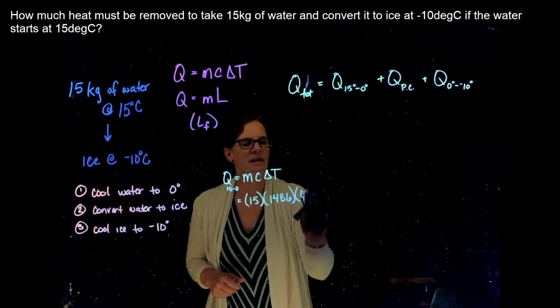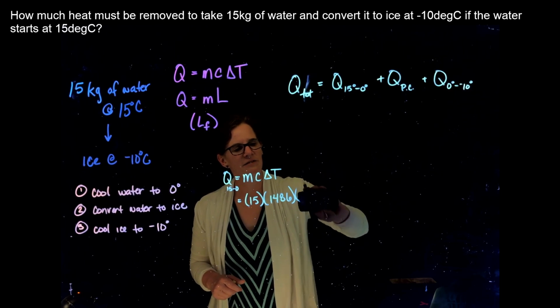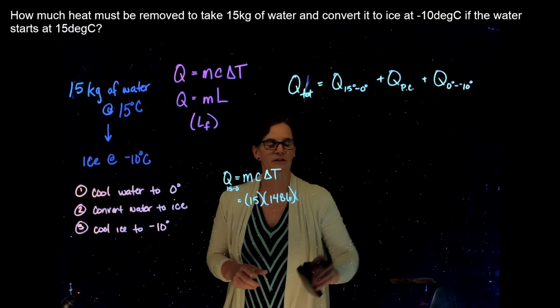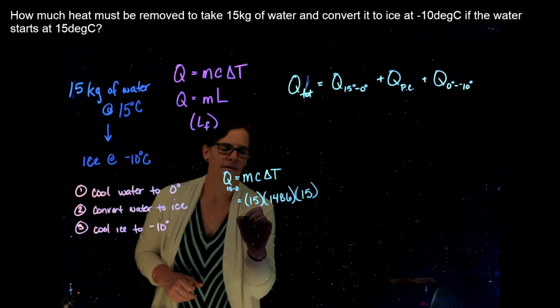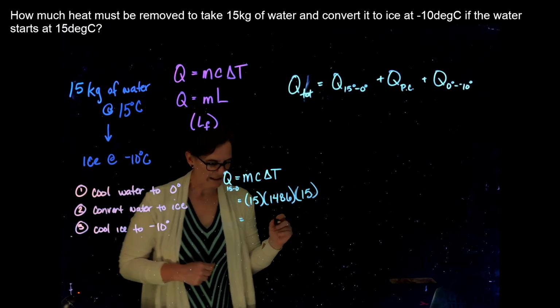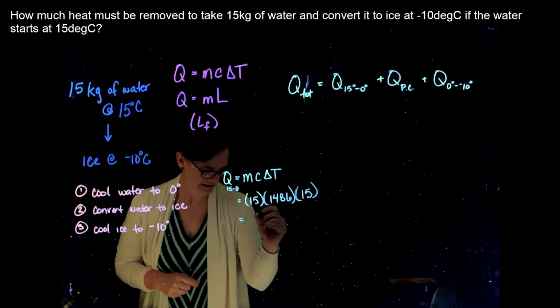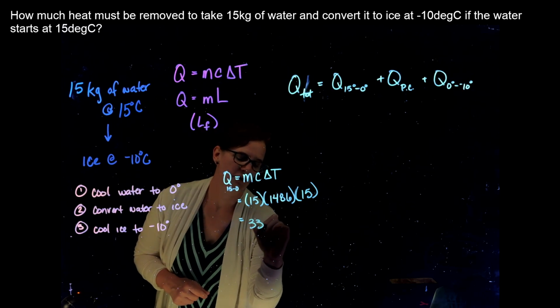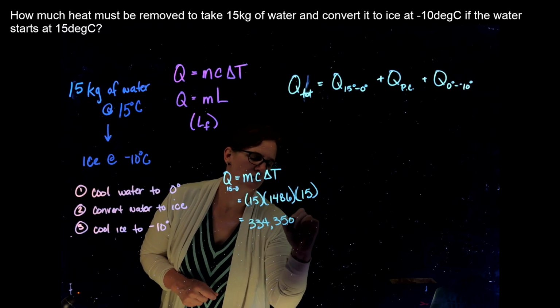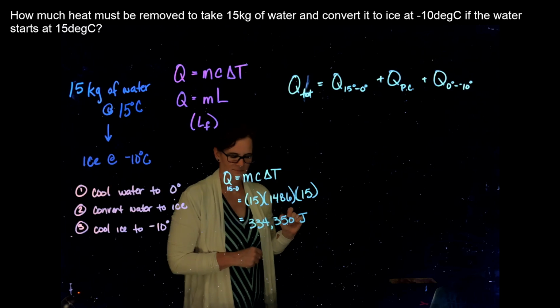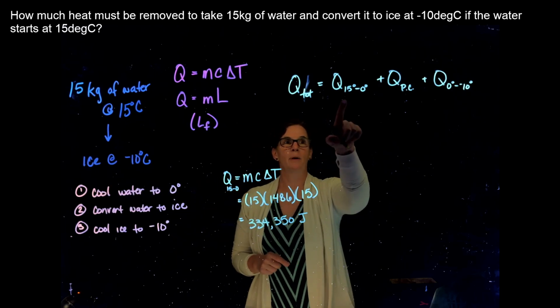We're just going to keep this positive to get the total amount of 15. So our total heat needed to do this part is 334,350 joules. Okay. So that's this part. So I'll put that in there.